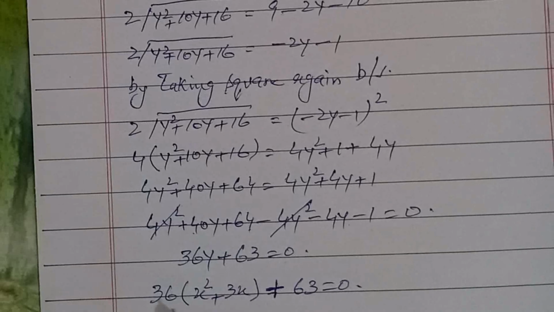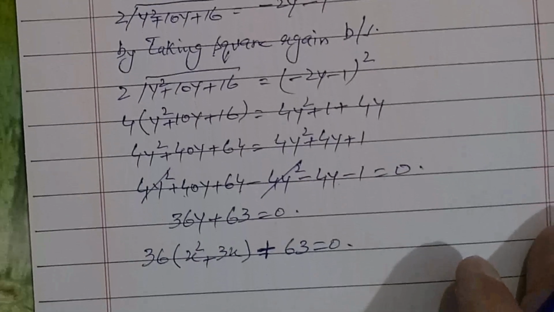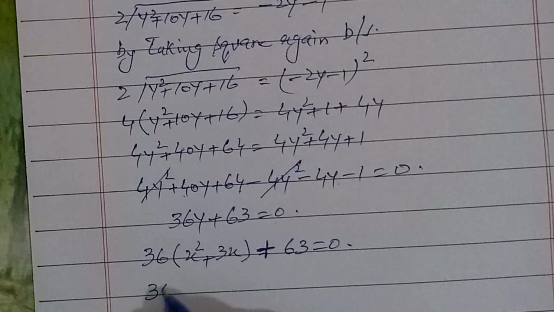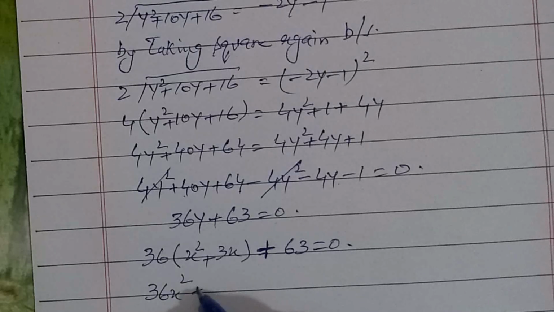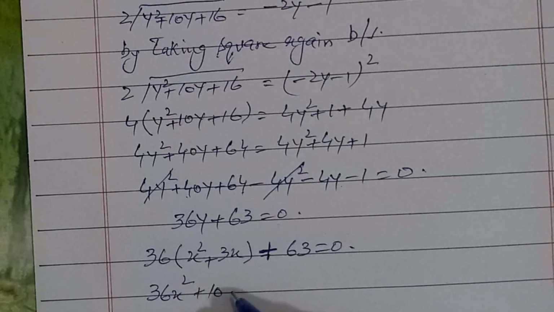Now we multiply 36 in the bracket, we get 36x square plus 108x plus 63 is equal to 0.